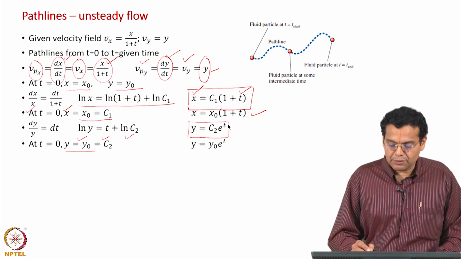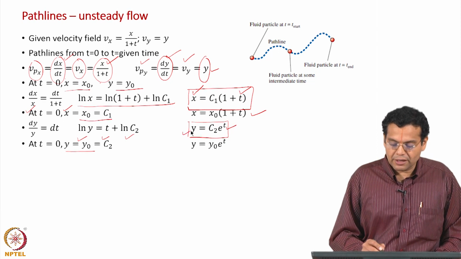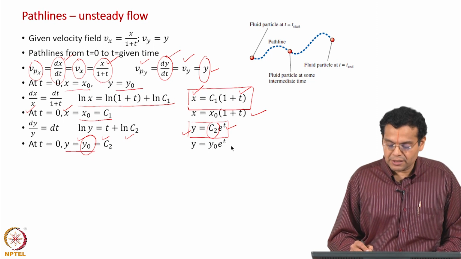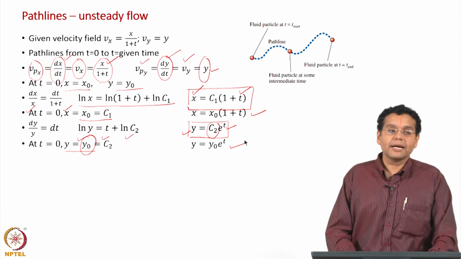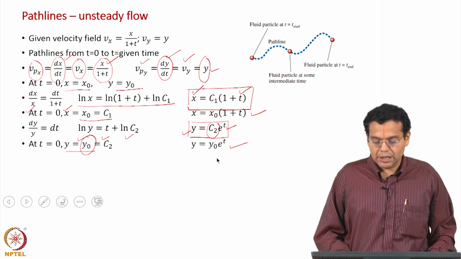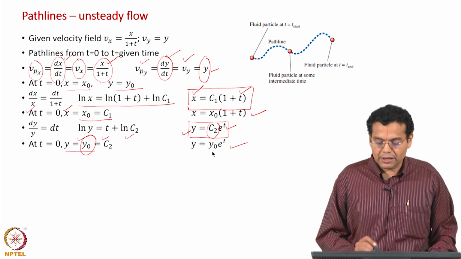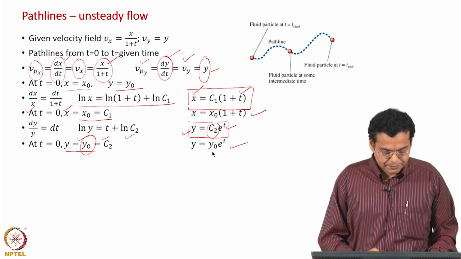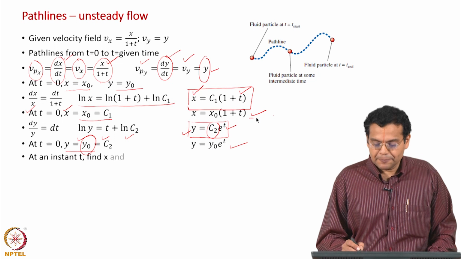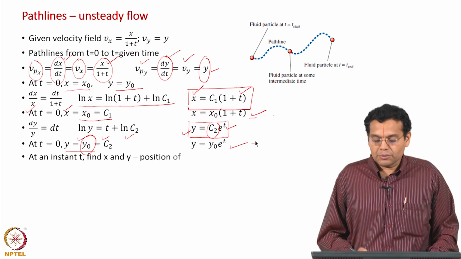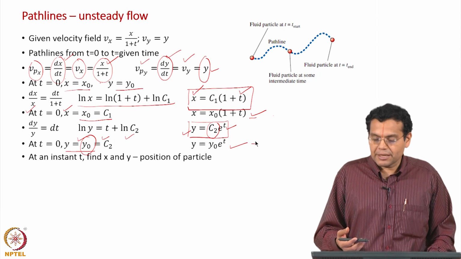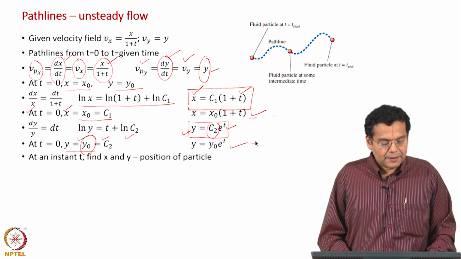So, substitute t equal to 0, y equal to y naught, c2 becomes y naught. So, the equation for the y coordinate of the particle as a function of time is y equal to y naught e power t. So, these two equations together tell you how the x and y coordinates change as a function of time for the particular particle.